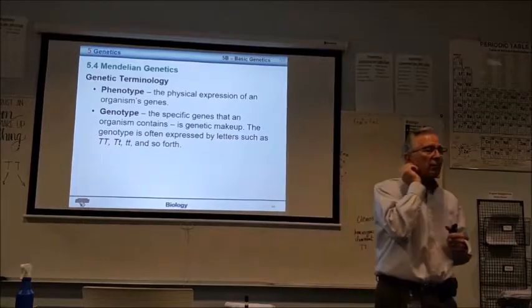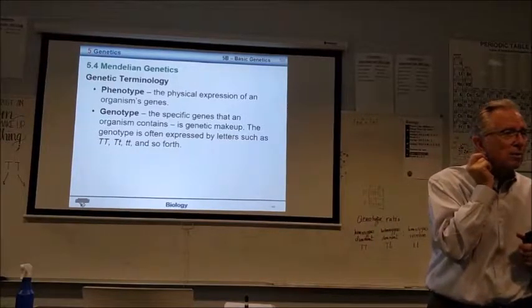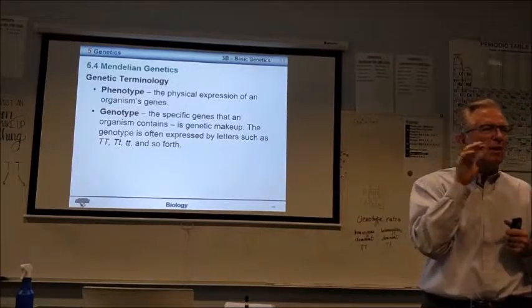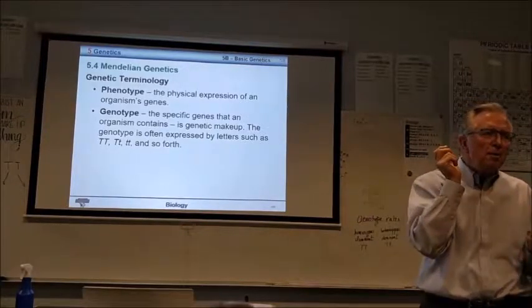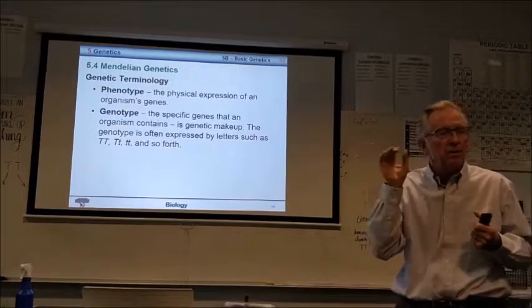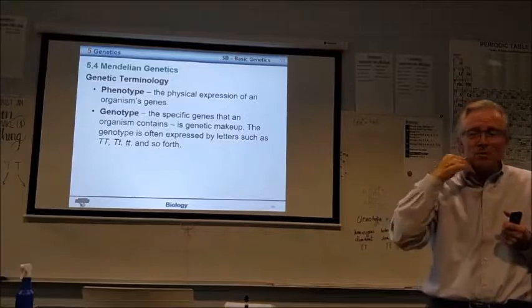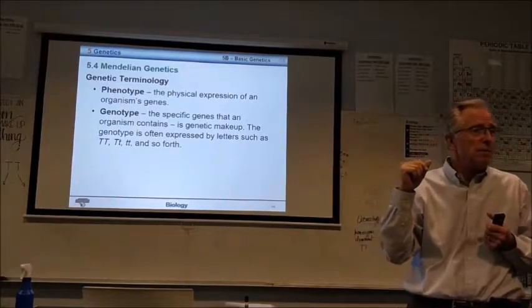Since I'm using ears, it'd be attached and unattached. Since unattached is dominant, I'd probably use the letter U. But you can pick whatever letter you want. I don't care. You just have to tell me what letter means dominant and what letter means recessive. You could have a little key on the side that tells me what letter I'm using.